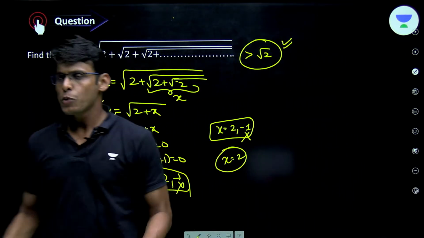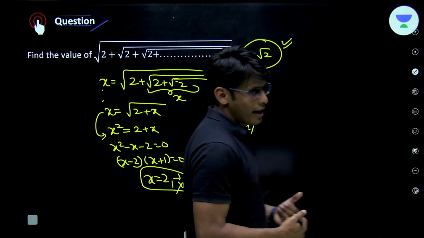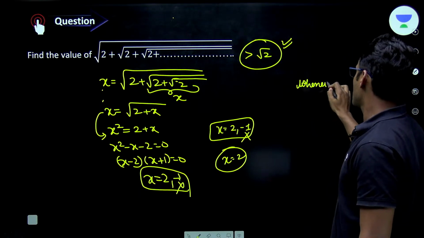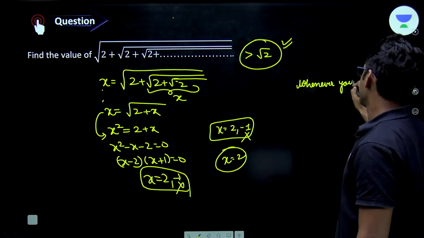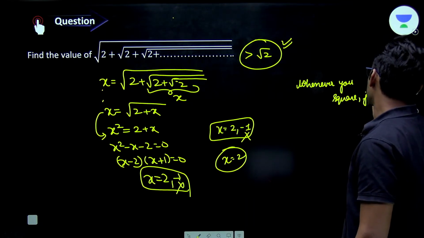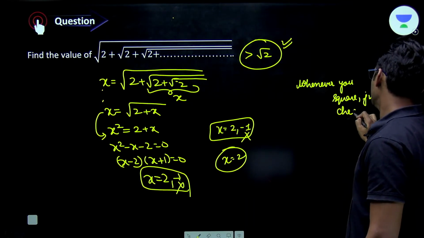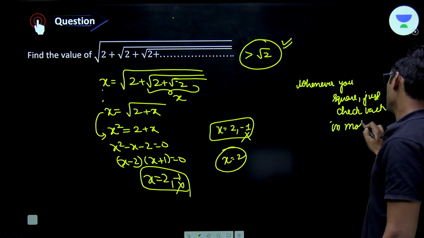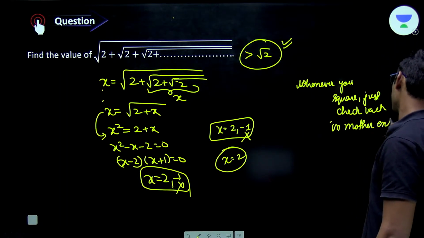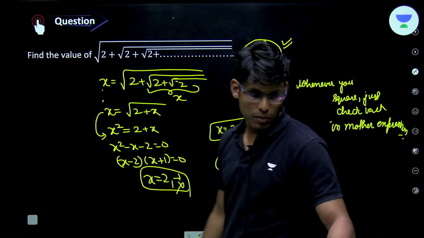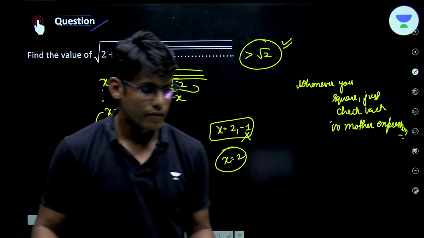So, benchmark rule here is, whenever you square, just check back in mother expression.